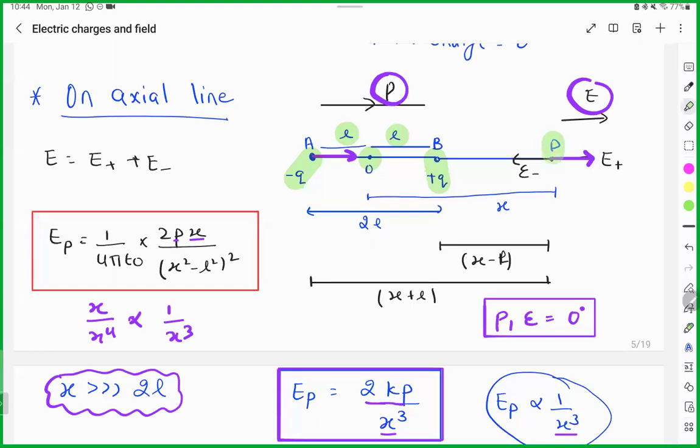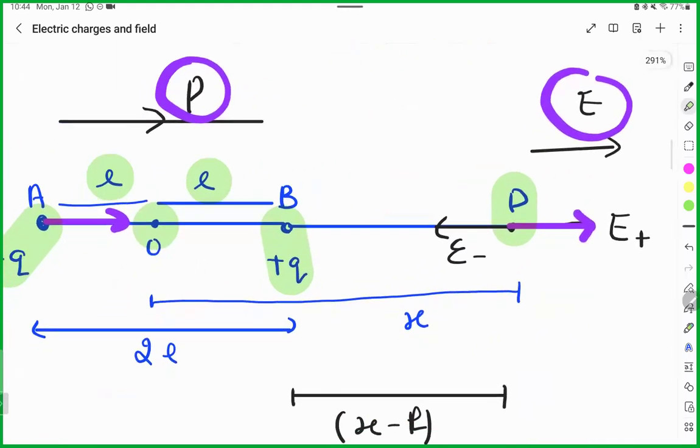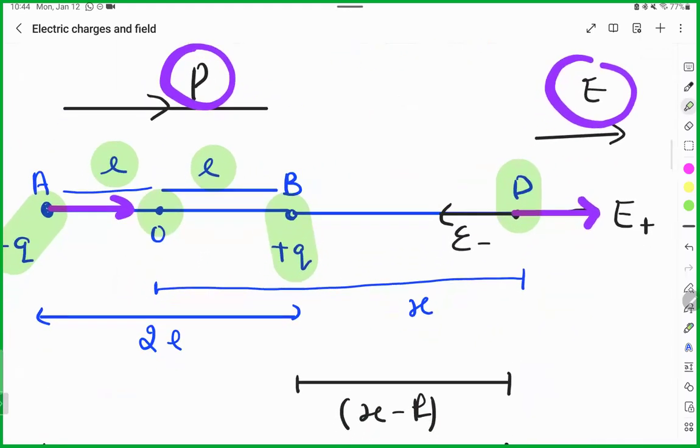Example, P is the point where we want to calculate the net electric field. I will focus more on the understanding rather than derivation. Here it is L. So what will happen at this point P?